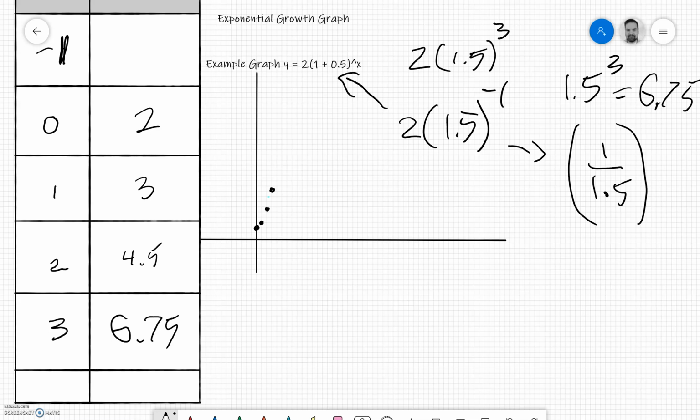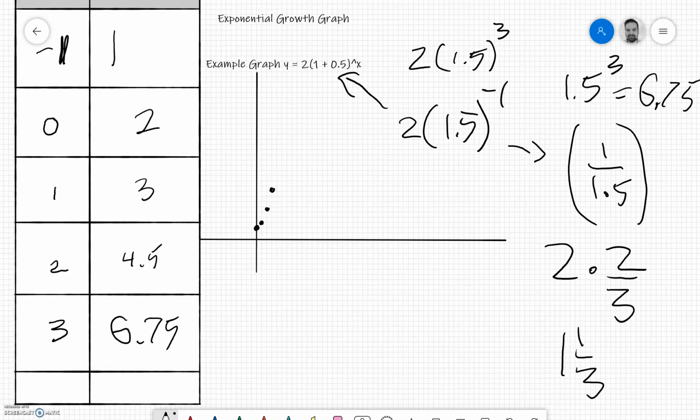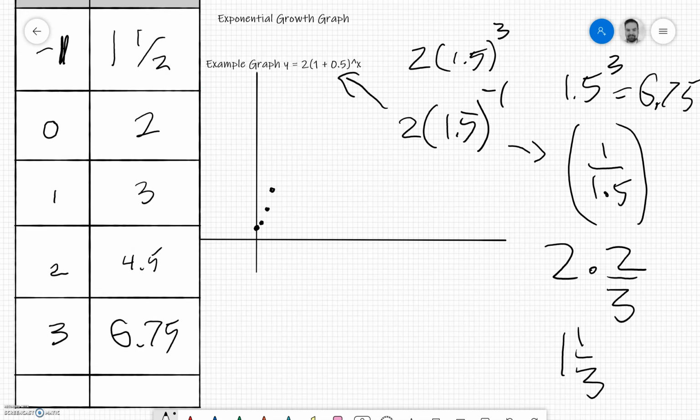So this is going to evaluate to 2 times 2/3, which is 4/3, or 1 1/3. Therefore, at -1, the value here is 1 1/3.